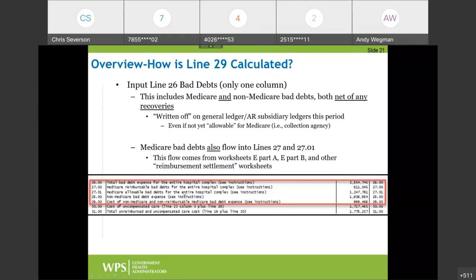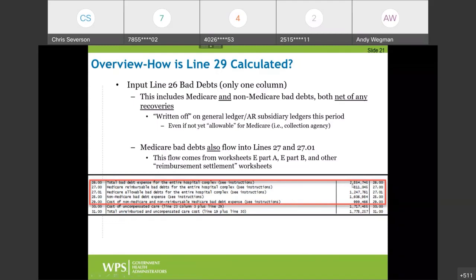You can have a bad debt written off of your accounts receivable, and maybe it's still at the collection agency. You've already written it off internally, but maybe it's still at the collection agency. Maybe you were waiting for a Medicaid remittance advice. There might be a lot of things that happen after the actual accounts receivable write-off. We need the accounts receivable write-off date for this number.